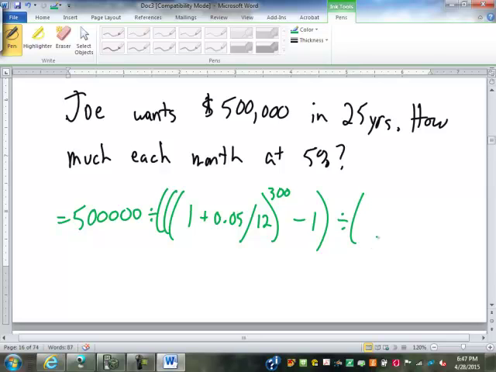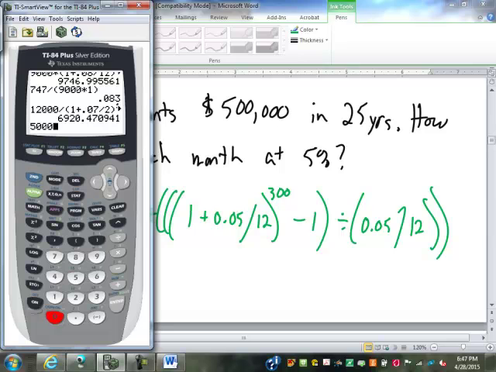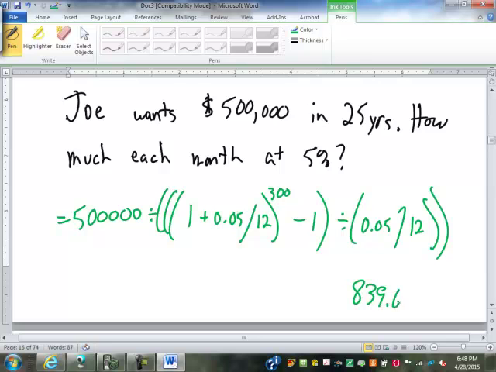Divide by, open, 0.05 divided by 12, close, close. Which gives you 839.62.